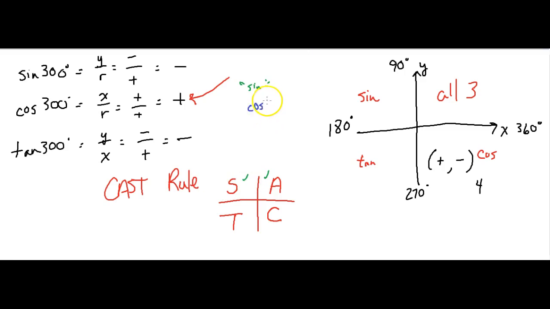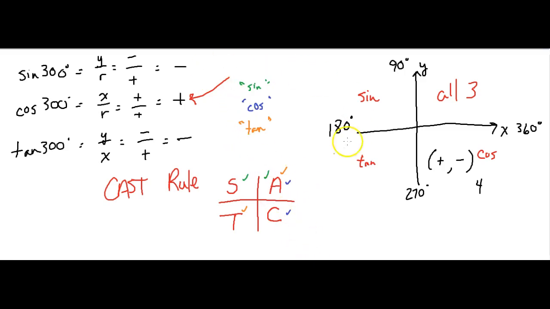Thinking about cosine, it is positive here and here. And thinking about tangent, it is positive here and here. Alright? So, a number is either positive or negative.